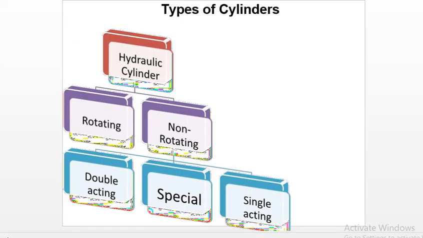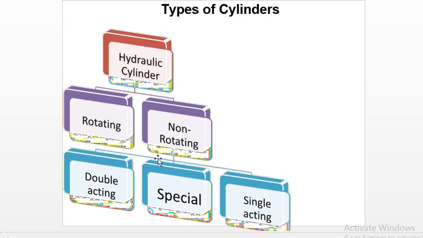Then next are the various types of cylinders. There are majorly two types, rotating cylinders and non-rotating cylinders. In rotating cylinders there are various types, as we have seen in the pump, like the reverse function of the pump is like an actuator. So the construction will be the same, but the function is different.